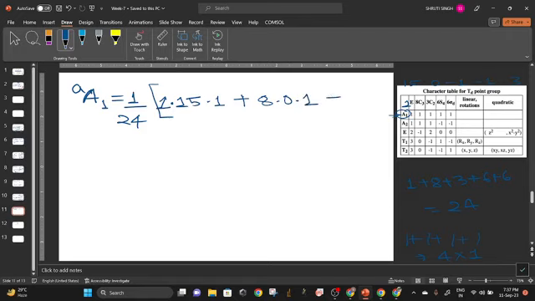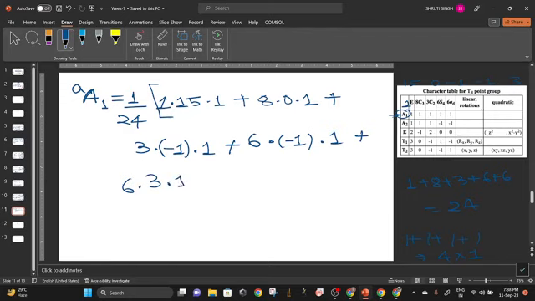Next, the coefficient is 3, the reducible character is minus 1, so I multiply minus 1 and 1. Next, the coefficient is 6, this is minus 1 and this is 1. Next, the coefficient is 6 times 3 times 1.